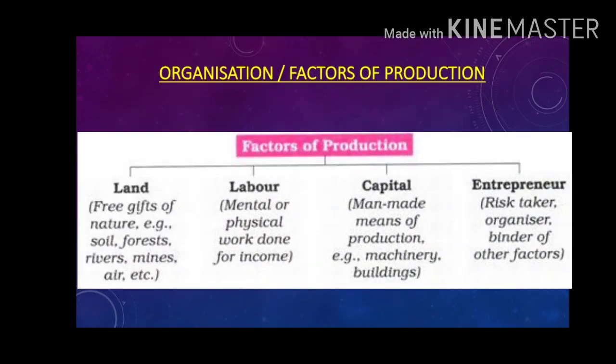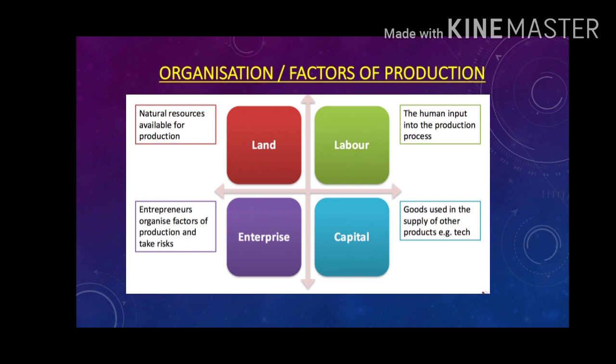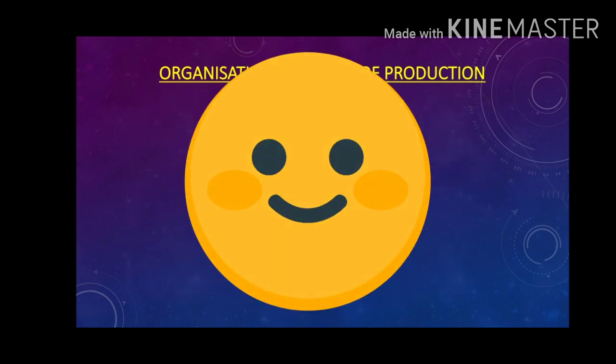This brings us down to the four factors of production, that is land, labor, capital, and entrepreneur or enterprise or human capital, however you call it. But in this chapter, you're going to study only the first three factors in detail with reference to farming mainly. And the fourth factor of production, that is human capital or enterprise, we'll be studying in your next chapter. So this brings us down to the end of the chapter.